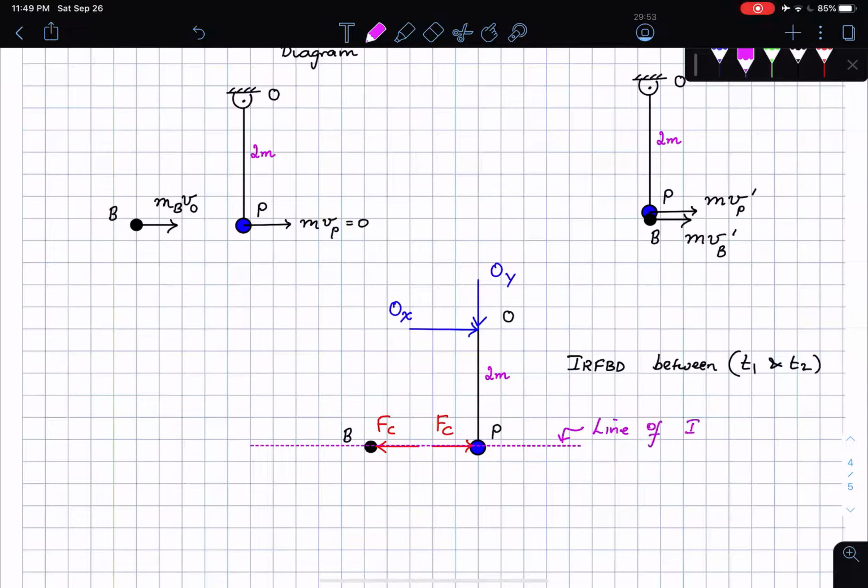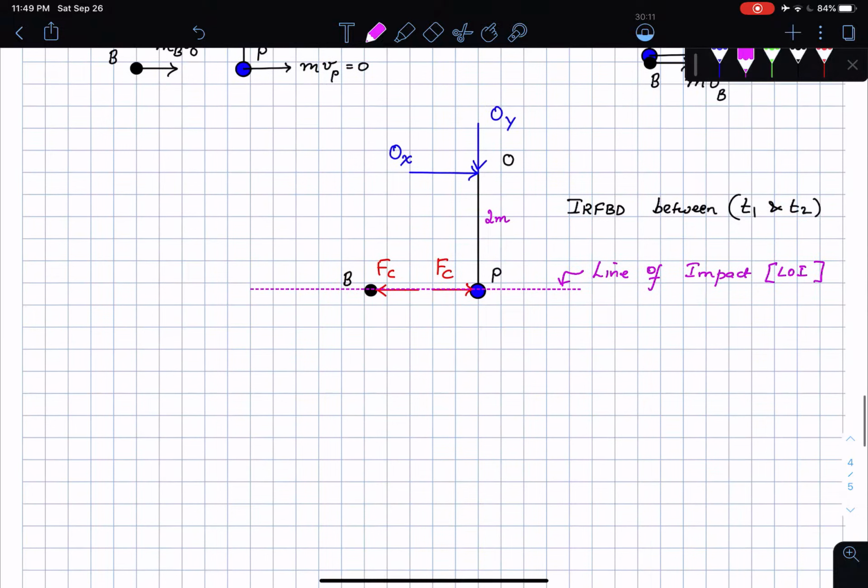Line of impact, or LOI. And the direction that is tangent to that, or perpendicular to that, is called the tangent direction. In this problem, I don't have anything taking place perpendicular to the line of impact.